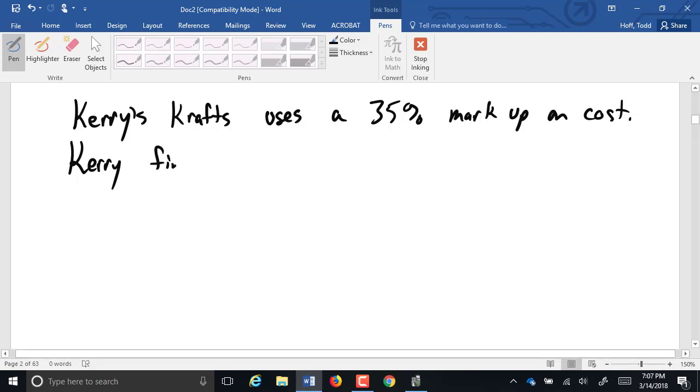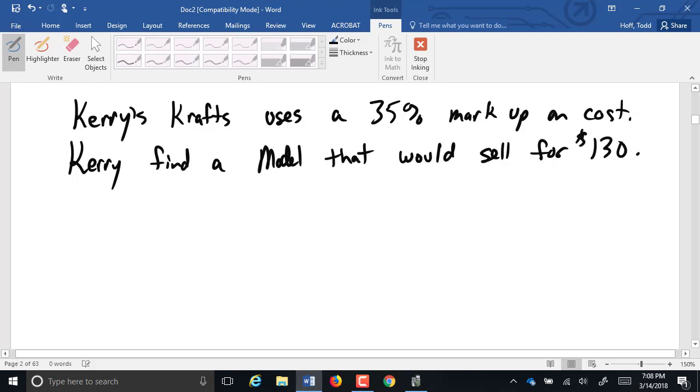Carrie finds a, let's see, well, just for lack of creativity, we're going to call it a model that would sell for $130. How much should Carrie pay for it?